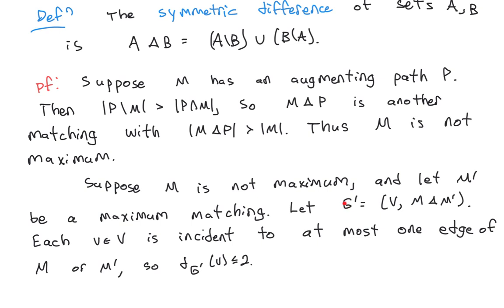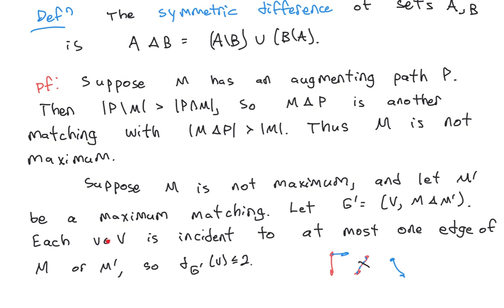And we're going to let G' be the graph given by taking the symmetric difference of these 2 matchings. So the idea is that you had some red edges, and now you also happen to have blue edges, and you're taking the symmetric difference, which means anything that was in both gets deleted.